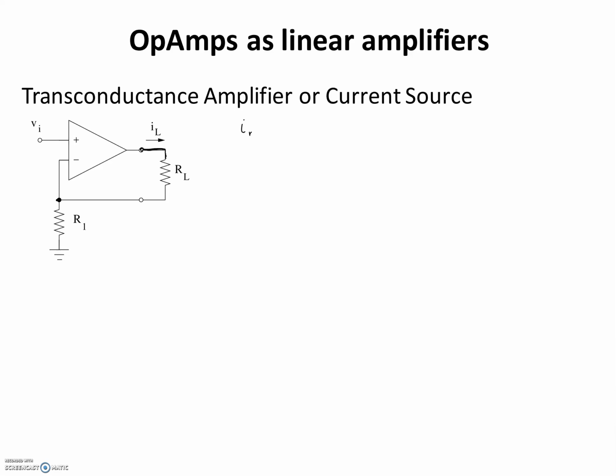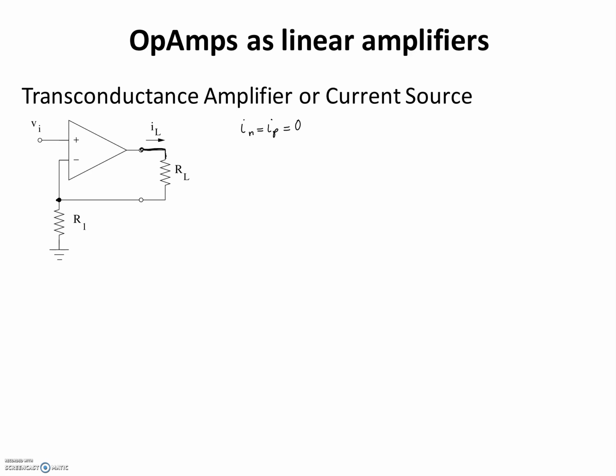So IN is equal to IP, that's equal to 0. Because it's an ideal op-amp, I can write IN is exactly equal to IP. For the case of a non-ideal op-amp, IN is almost equal to IP, and that's equal to 0.